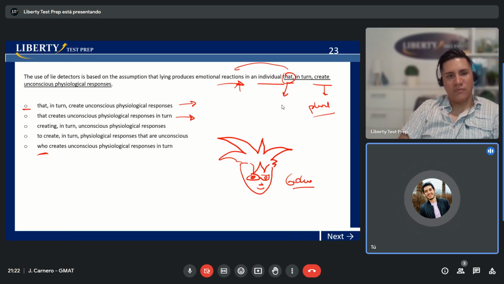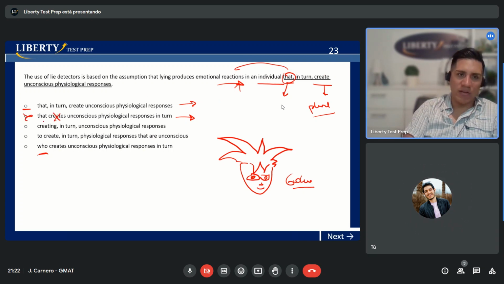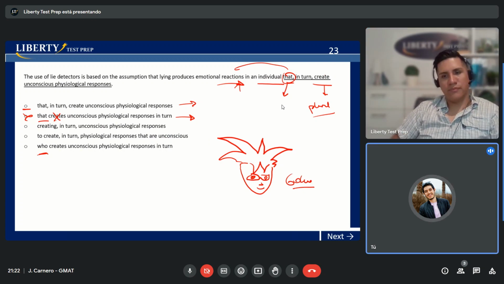That creates reactions is in plural, so creates, that's wrong, and that can modify individual. What about C? Creating. I'm not sure about creating.